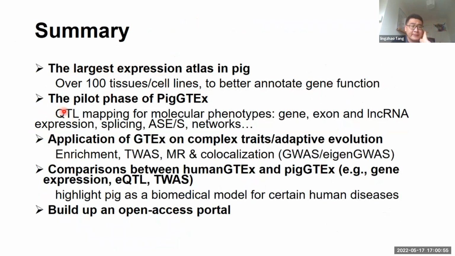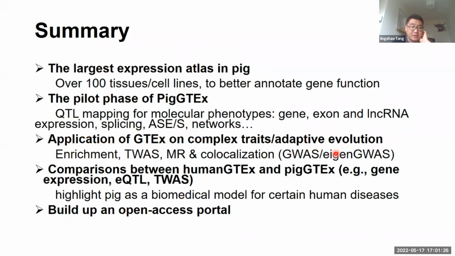Another resource, which we call the parallel phase of the pig GTEx, is generating the cis-eQTLs for 5 different kinds of molecular phenotypes. Besides this, we also detect the QTLs for co-expression networks across all the tissues. And we also apply these resources to understand complex traits and adaptive evolution.